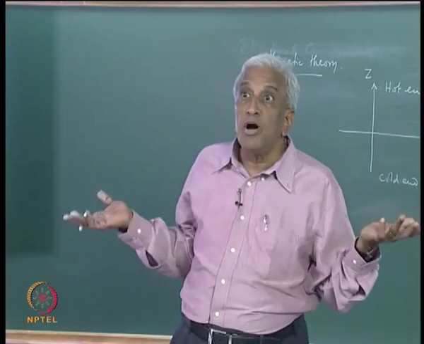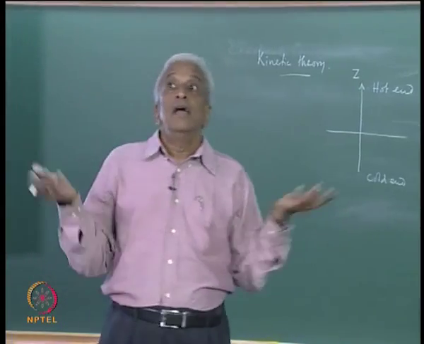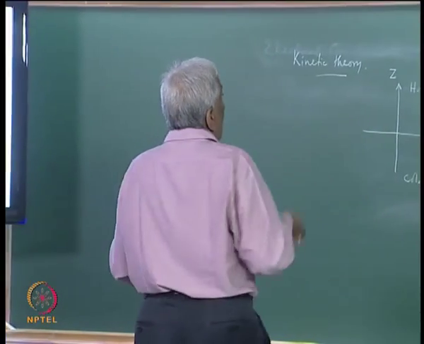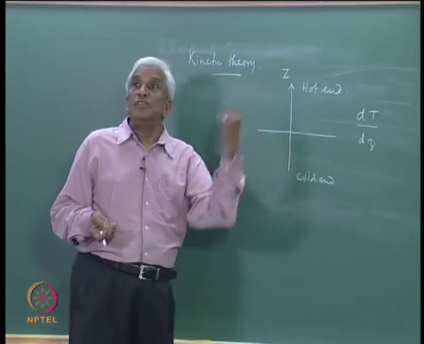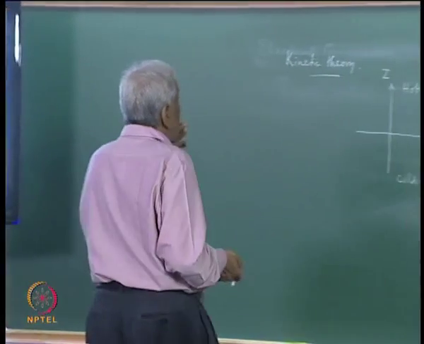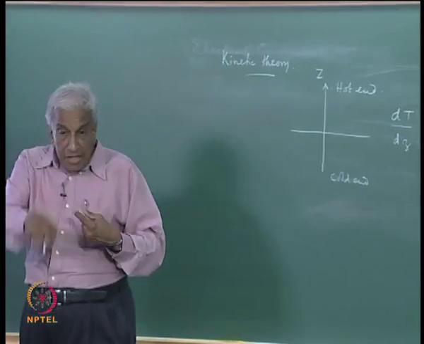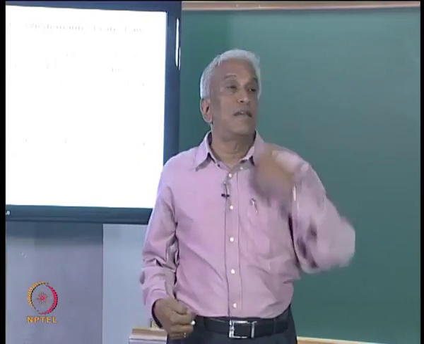If there are n molecules, by perfect randomness the kinetic theory allows us to assume that on an average 1/3 of these molecules will be flowing along the z direction, of which half will be travelling down and half will be travelling up.